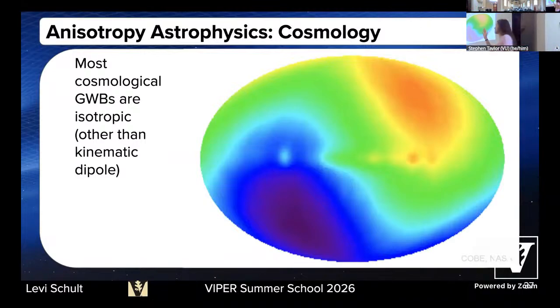There's also cosmology. Most cosmological gravitational wave signals are isotropic, but just like with the CMB, there should be a kinematic dipole. This is the dipole in the sky that is due to the Milky Way's movement through the rest frame of the universe.